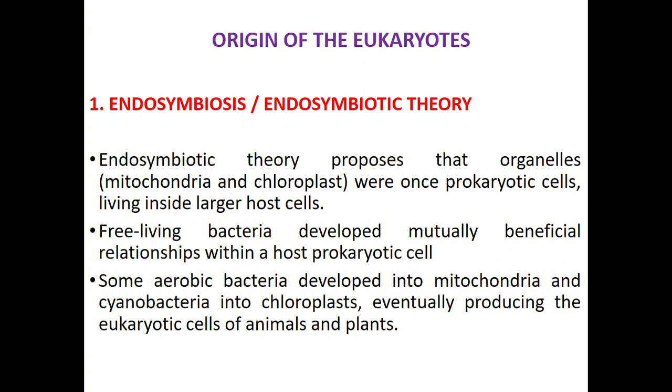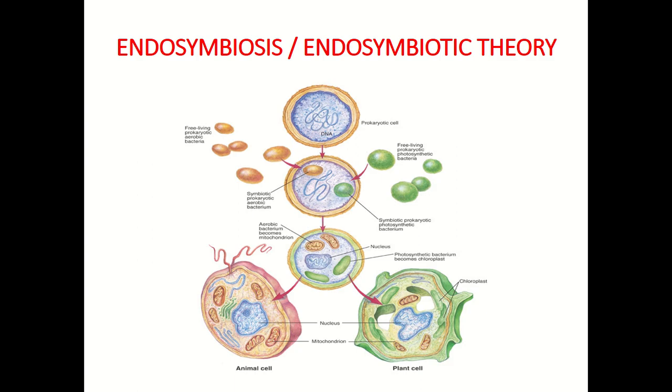Some aerobic bacteria developed into mitochondria and cyanobacteria into chloroplasts, eventually producing the eukaryotic cells of animals and plants. As you can see here, the prokaryotic cell will engulf the aerobic bacteria, which is the mitochondria, and the free-living prokaryotic photosynthetic bacteria, which refers to the chloroplast. Then they live together in a mutual relationship and develop into animal and plant cells.